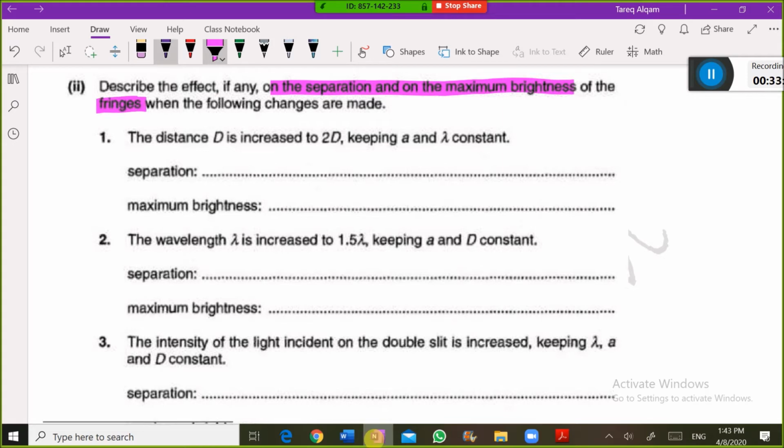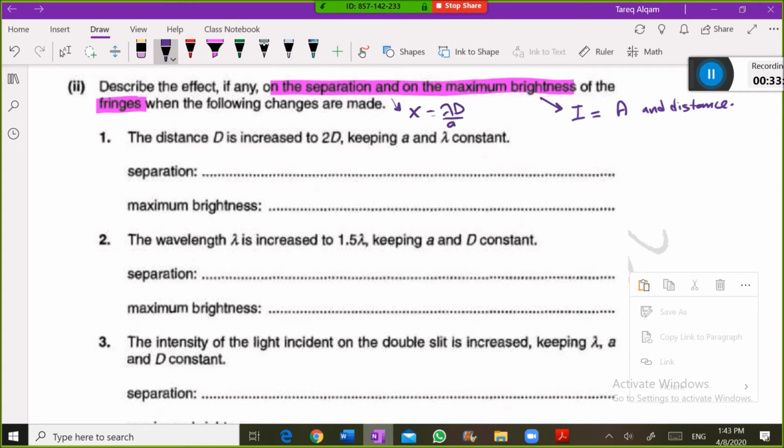The brightness, guys, depends on several things. The intensity, if you remember, depends on amplitude and distance, right? Amplitude and distance. And the separation we saw a moment ago: x equals lambda d over a, right?